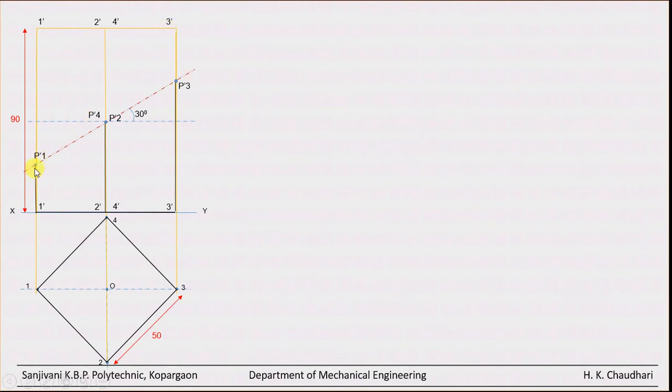Clear? So we can observe only the thick edges, this P-1 to 1 dash, then P-2 to 2 dash, this P-3 to 3 dash. These vertical thick lines represent the edges, and this bottom thick line.